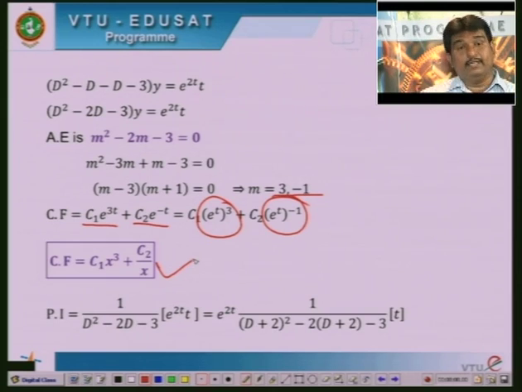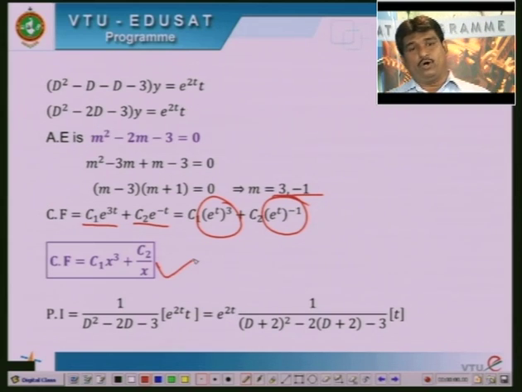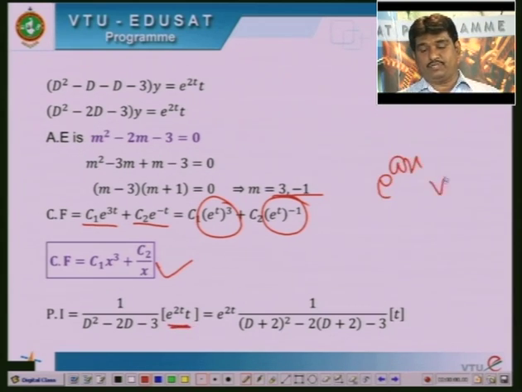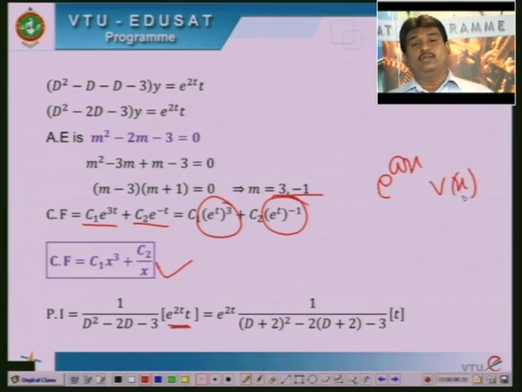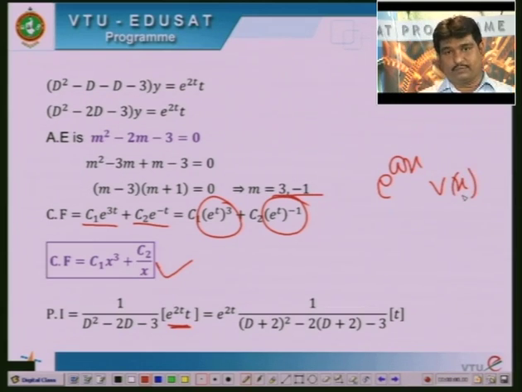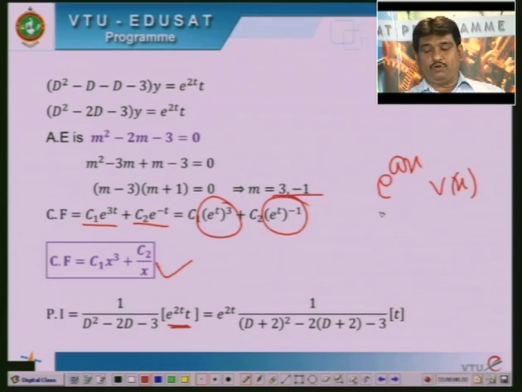Now PI, it's 1 by f of D, which is D square minus 2D minus 3 operated on e to the power of 2t into t. Yes, this is like e to the power of ax into some function of x. This is type 4. According to the rule, we have to take out e to the power of ax outside the operator after replacing D by D plus a.